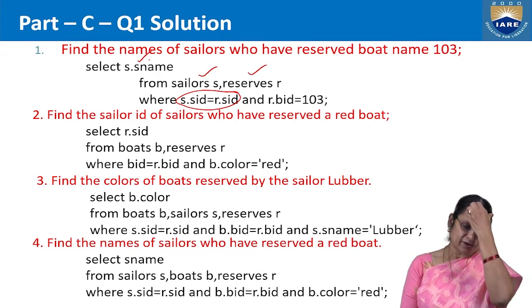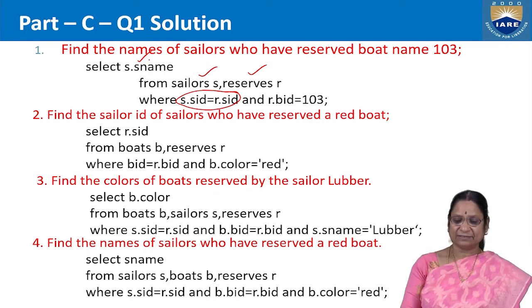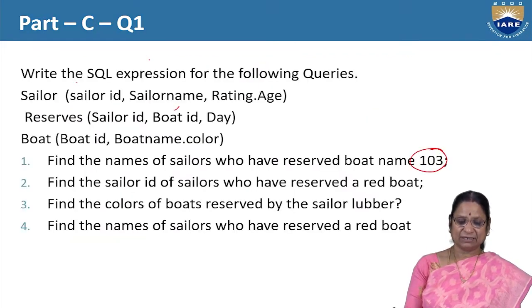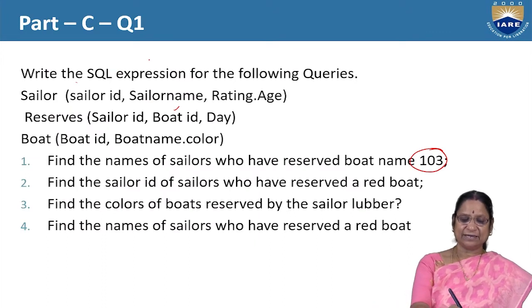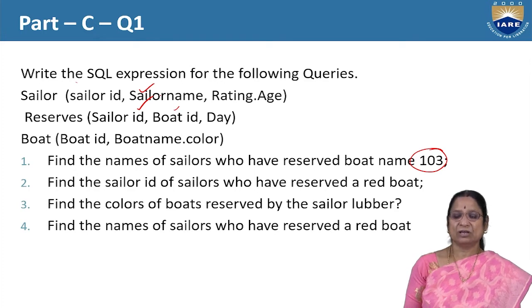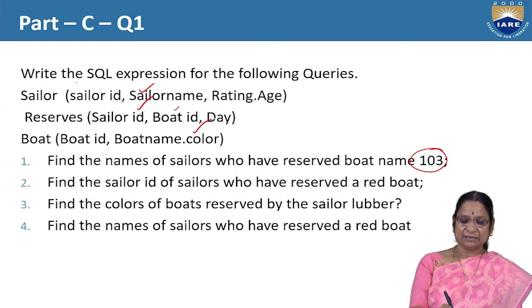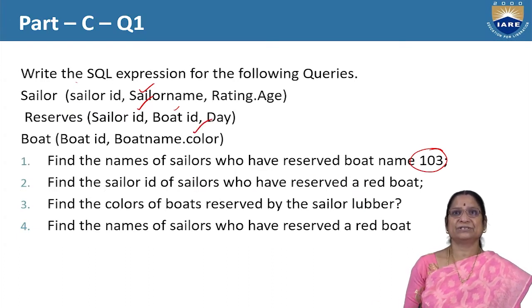Find the sailor IDs of sailors who have reserved a red boat. The sailor ID of sailors is available in our sailor relation as well as the reserves relation. But what is the constraint here? Who reserved a red color boat? The color of the boat is available in the third relation, the boat relation. That means we need all three relations.